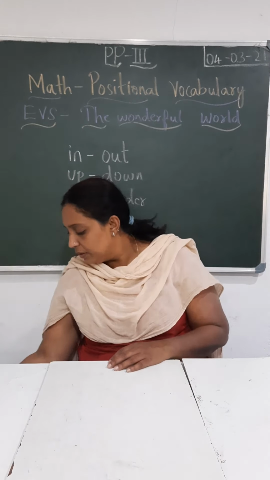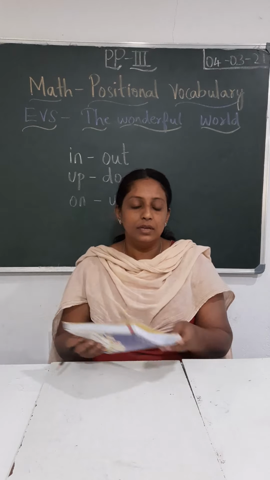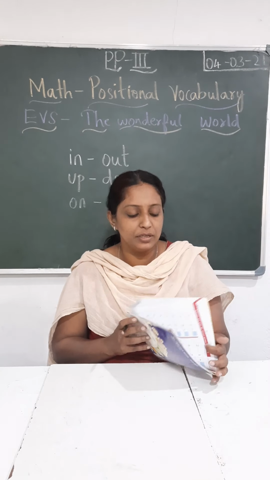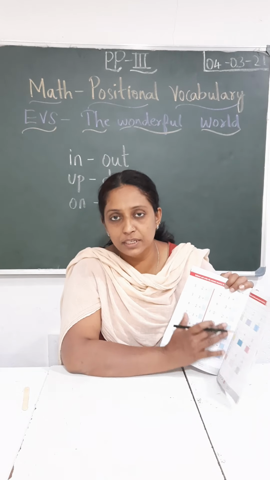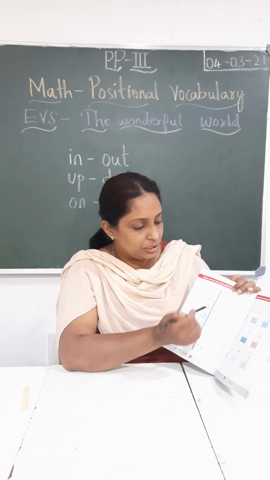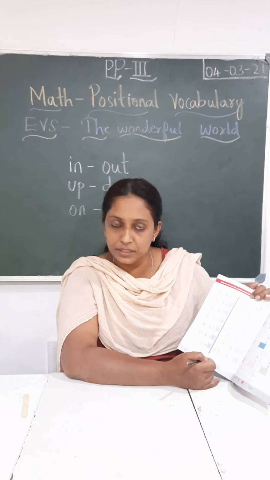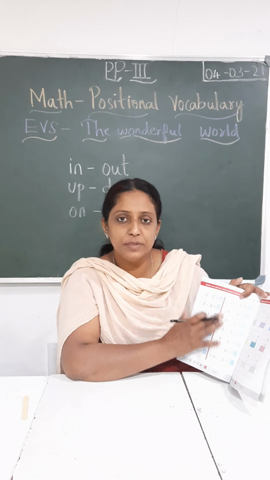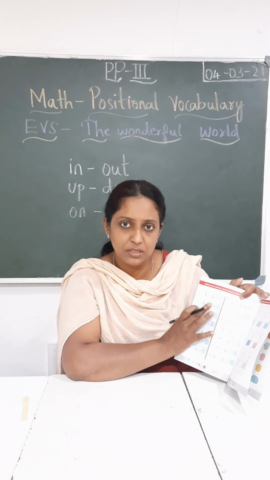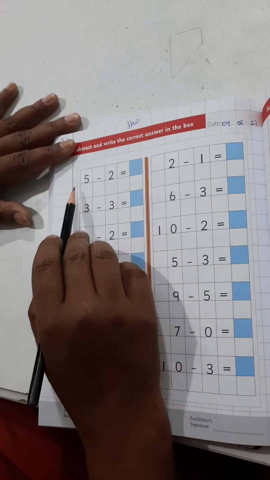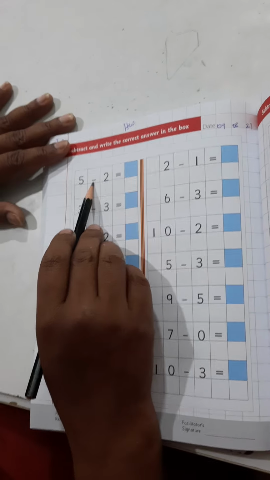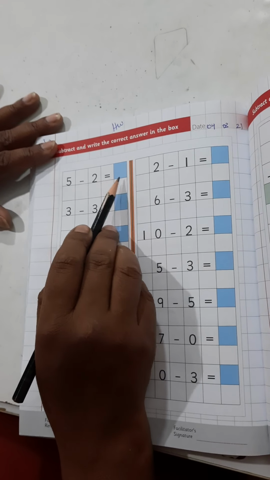You also have homework in your Happy Learning Series math book. It is a quick recap of subtraction that we did in a previous class. On page number 146, we have a few sums, which will be a quick recap of subtraction. Let's do a few sums right now. Here you have 5 minus 2 is equal to how much?